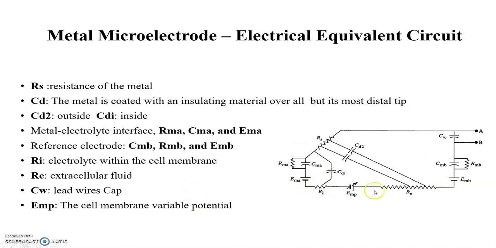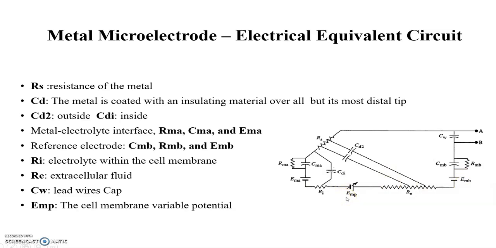This diagram represents the equivalent circuit of the metal microelectrode. Here EMA is the metal electrode-electrolyte potential at the microelectrode tip, EMB is the reference electrode-electrolyte potential, and EMP is the variable cell membrane potential.